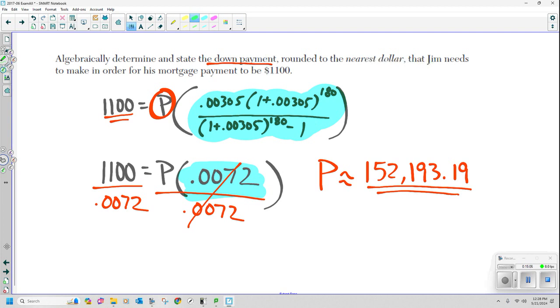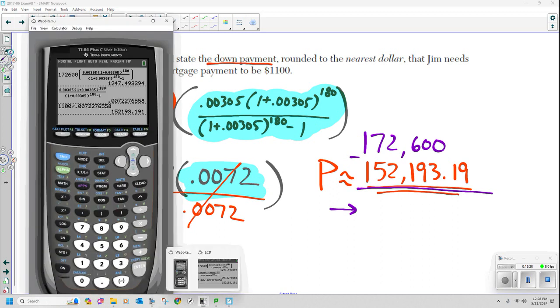What is the difference? So I'm going to take my 172,600 and just subtract this. And whatever amount that comes to, that's the amount I need to pay toward the 172,600 to get my payment to be $1,100 a month.